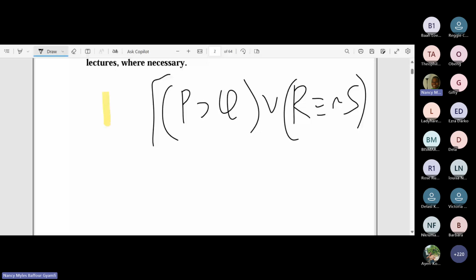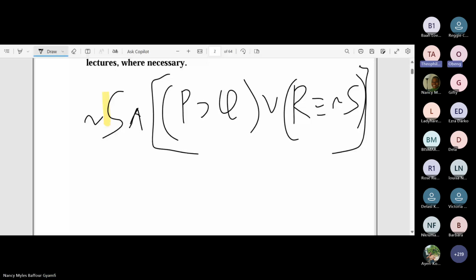Then let's say I did it conjunction not S. Okay, so we have P, Q. Which formula is this? I want a chorus answer. I want the name of this big compound. How will you call this compound? Conjunction. Very good.